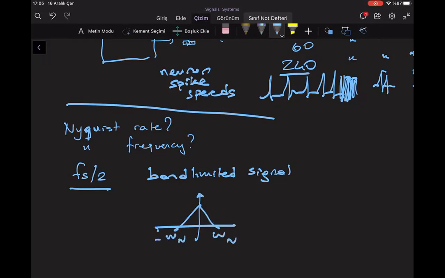What does this mean? What do you understand? How do you interpret this signal? What does such a Fourier transform tell you?